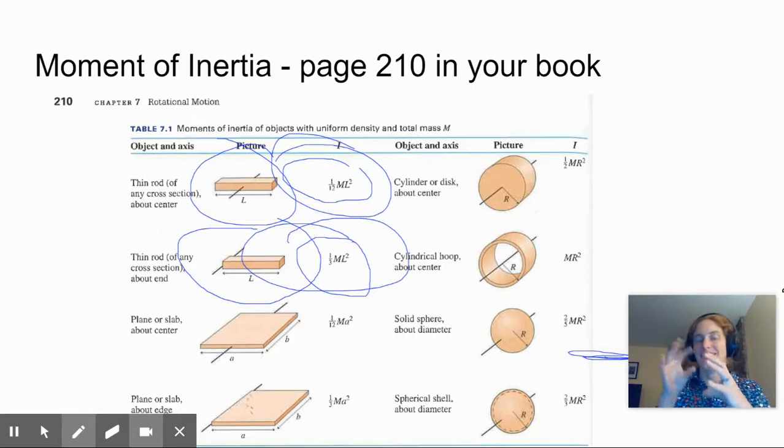But the solid one does have mass that can be close to that center of rotation, which means that the spherical shell is going to end up having a bigger moment of inertia because more mass is farther away from where you're rotating it. So it makes sense that this is 2/3 mr squared and this is 2/5 mr squared.